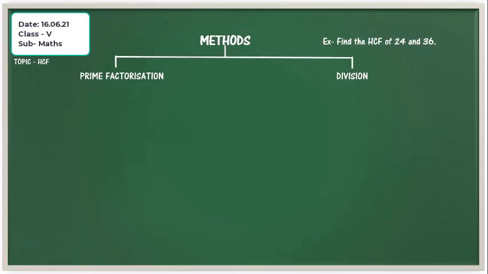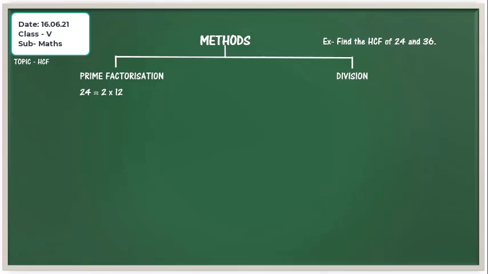So let's start with prime factorization. First of all, let us find out the prime factors of 24. Let's split 24. As 24 is an even number, it will be divisible by 2 and 2 is a prime number. So let's split 24 into 2 multiplied by 12.